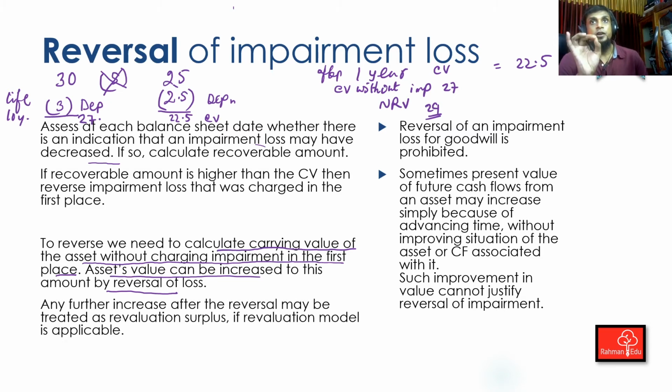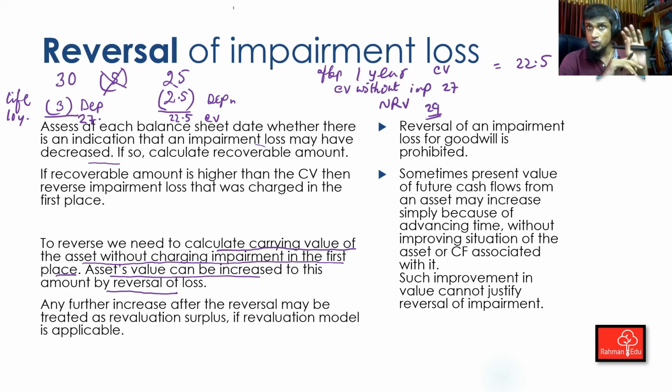So when we reverse the impairment loss, by reversal, I cannot take the value of this asset to 29. I can take the value of this asset to $27 million. Try to understand.